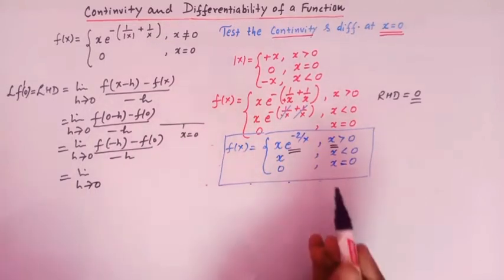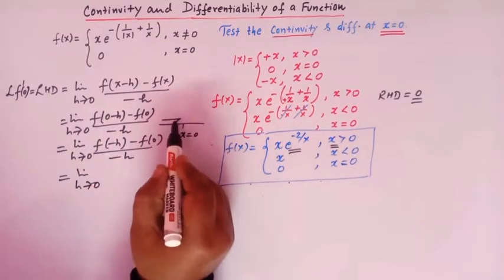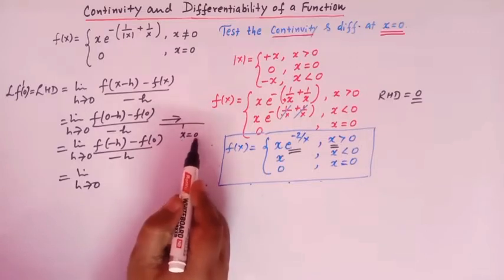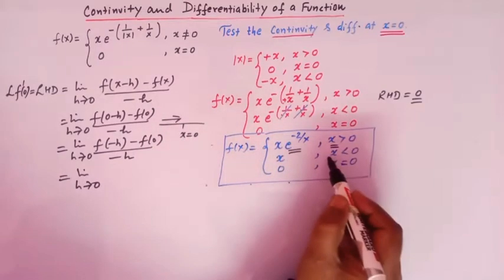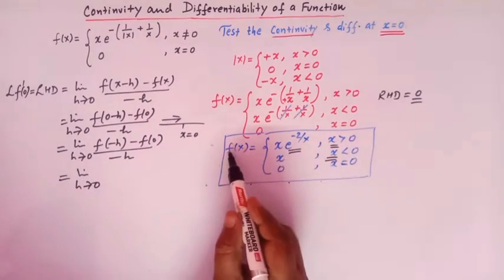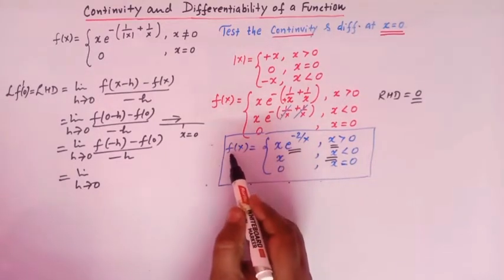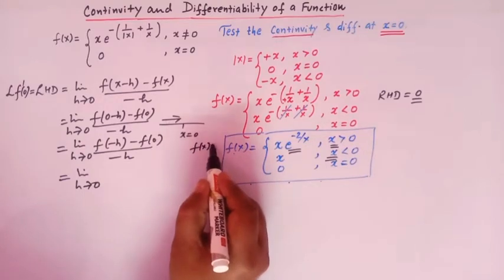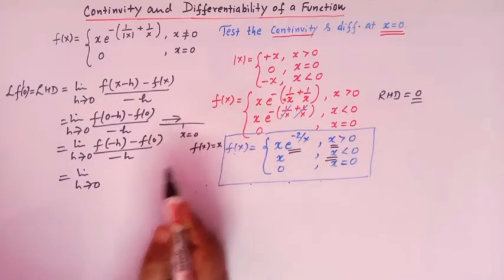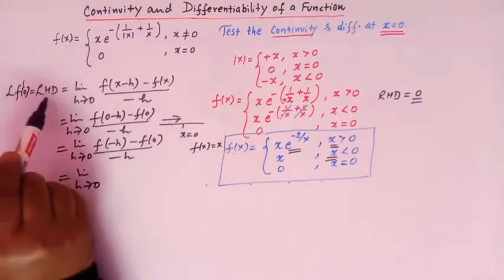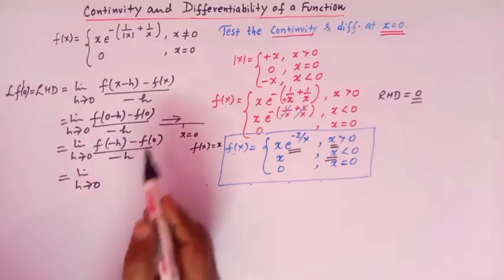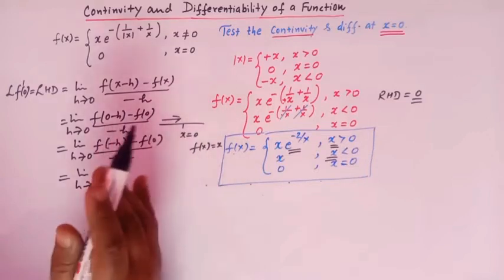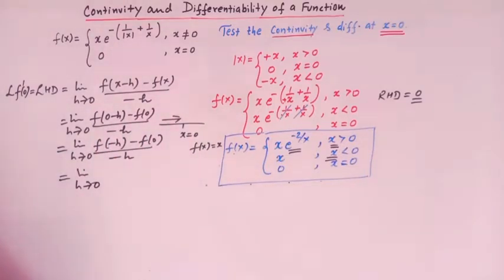And now for f of minus h, see we are approaching from the left of x equal to 0. So here we have to take the form of the function as f of x is equal to x, right? So f of x is equal to x would be taken in order to calculate the left hand derivative, because we are approaching towards x equal to 0 from the left hand side, right?